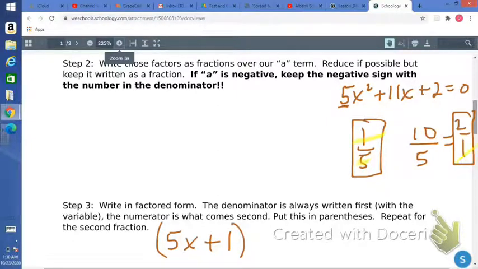And then over here we have the 1, so pair that with an x. So 1x, or just x, and then plus 2. Alright, and so right now we have the equation written in factored form, and we're ready to go to step 4.